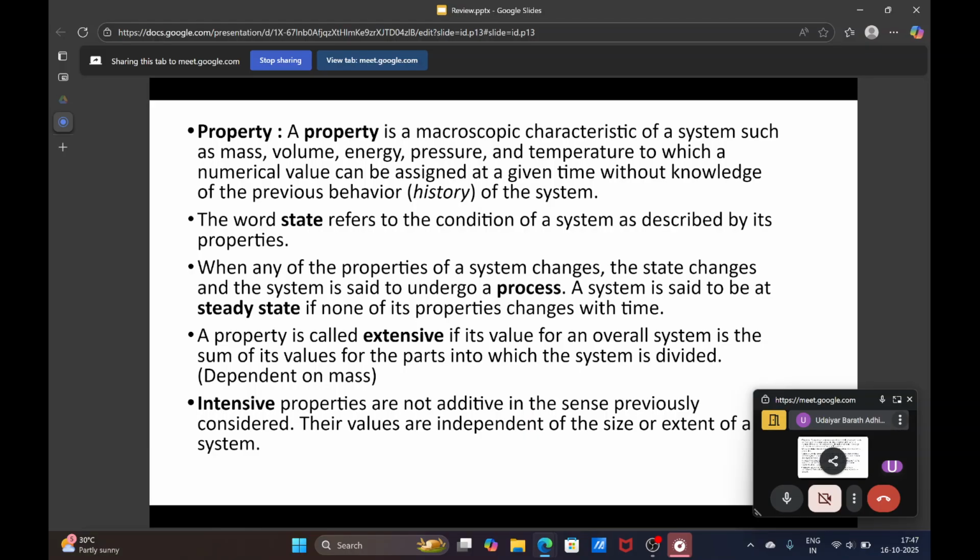So that lets you specify a location or a state, so it's useful for that. The word state refers to the condition of the system, what the system is. For example, you are at the second floor, you are at the first floor, so there is some description about the system.